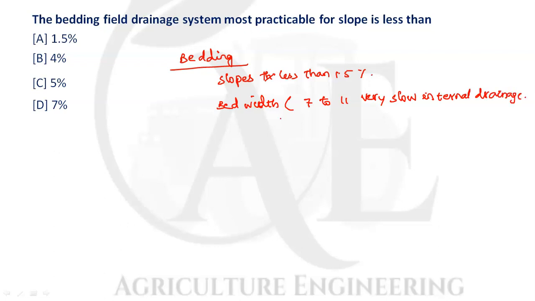In the same way, when the bed width varies from 13 to 15 meter, it is for slow internal drainage.